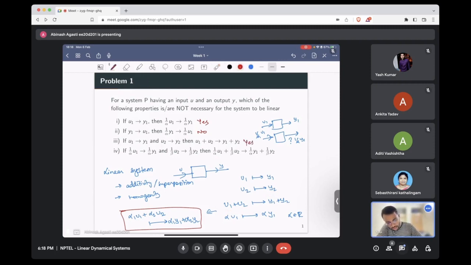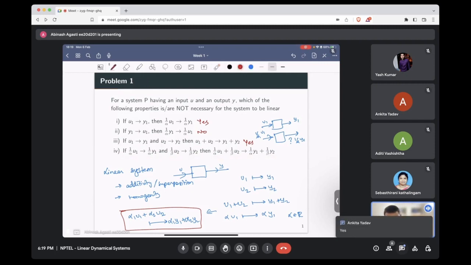And the last one: if 1 by alpha u1 gives 1 by alpha y1 and 1 by beta u2 gives 1 by beta y2, then should the sum of these inputs, 1 by alpha u1 and 1 by beta u2, give the sum of these outputs? Is it necessary for the system to be linear?